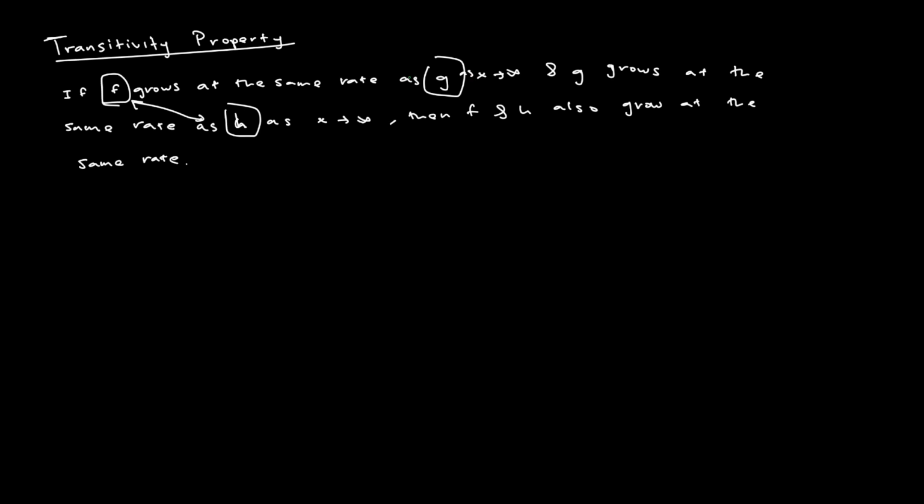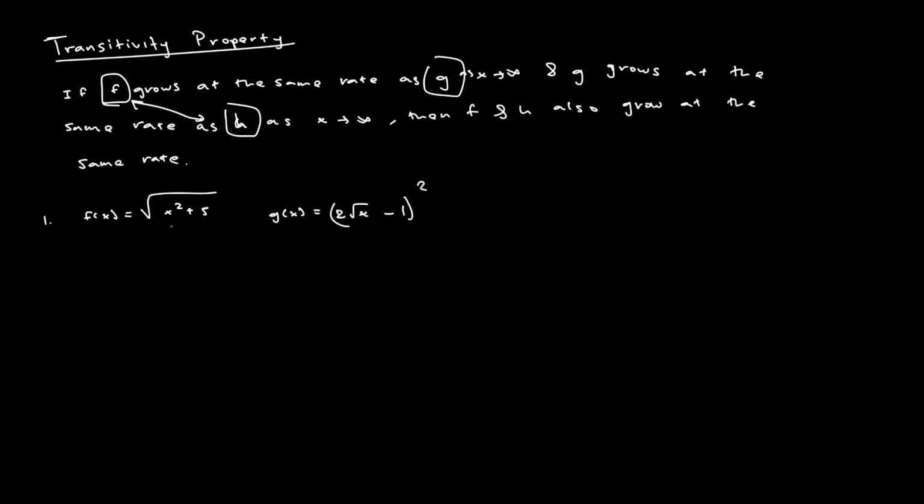So let's say that we want to show that the function f of x is equal to the square root of x squared plus 5 grows at the same rate as g of x is equal to 2 times the square root of x minus 1, squared.